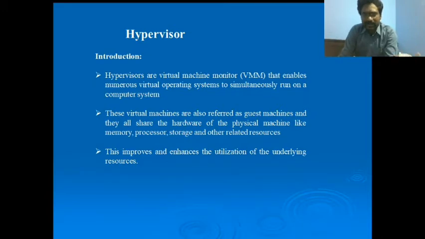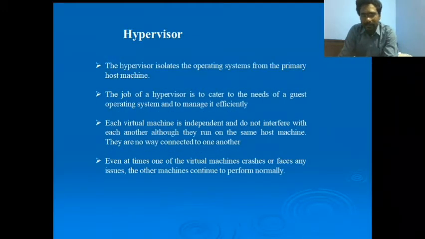By doing this, the hypervisor improves and enhances the utilization of the underlying resources. The hypervisor also isolates the operating system from the primary host machine. The job of the hypervisor is to cater to the needs of a guest operating system and to manage it efficiently. What the guest operating system needs will be provided with the help of the hypervisor.